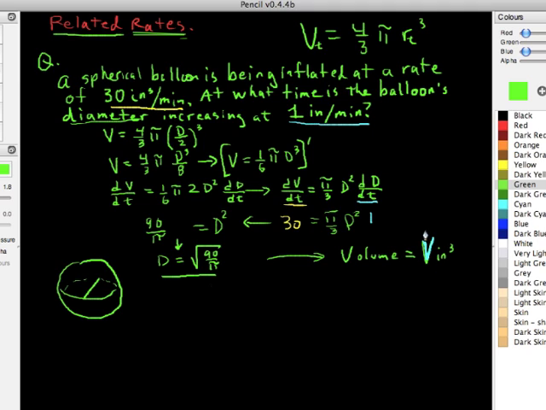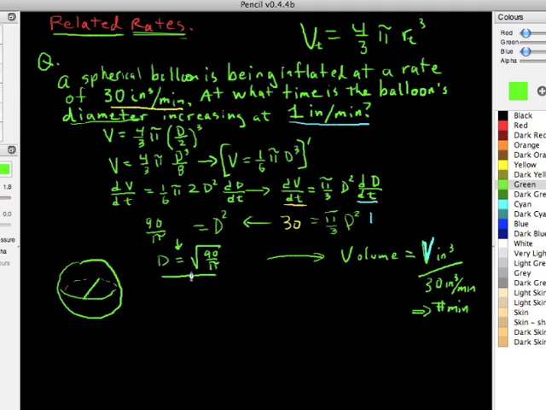So once we have this, we can divide by 30 cubic inches per minute, and if you look at this dimensionally, we have cubic inches divided by cubic inches per minute, we will get the number of minutes that it took us to get to that volume. Okay, so that's where we're headed.